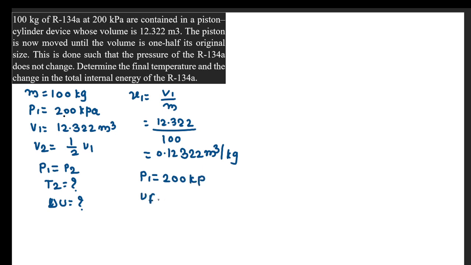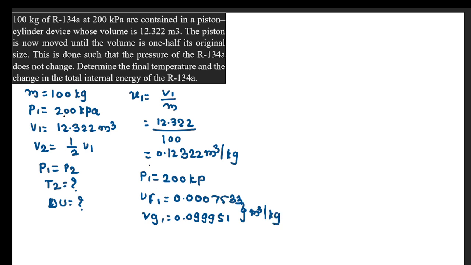So vf1 you are getting as 0.0007533 and vg1 around 0.09951, both in meter cube per kg.